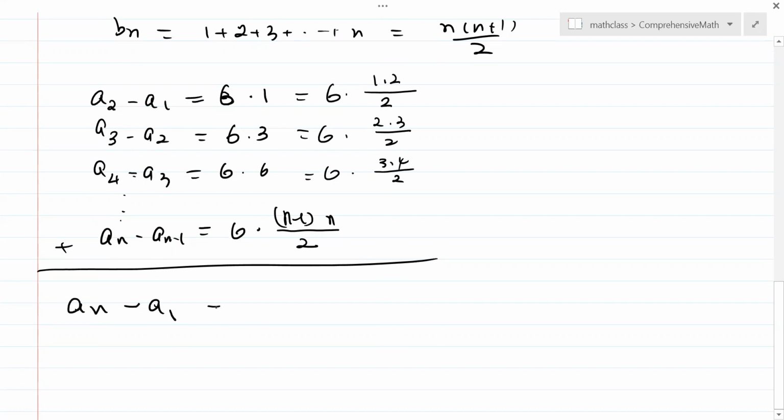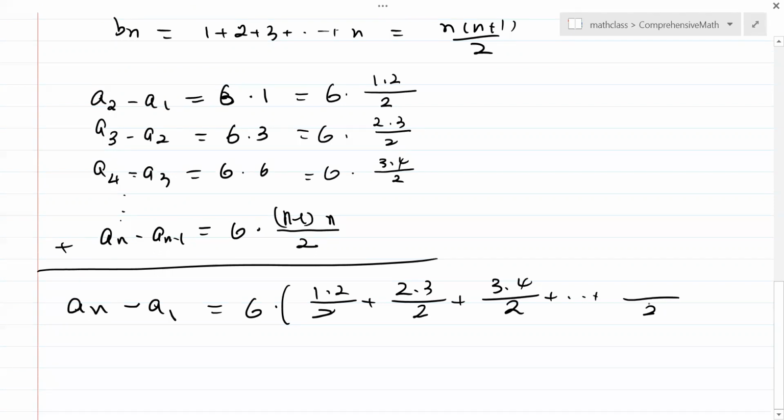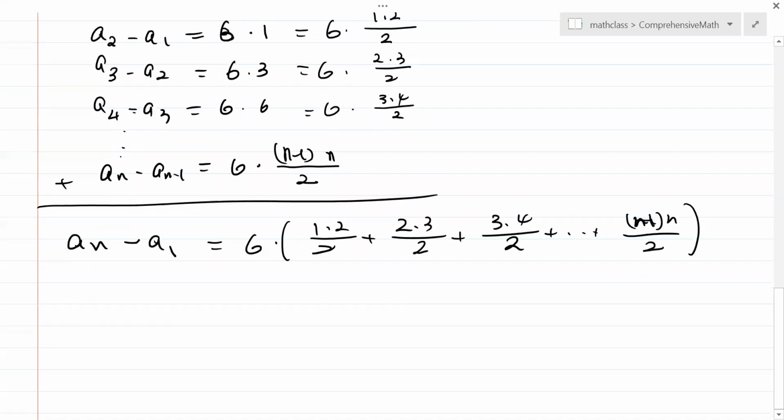A1 is still 1, but this time you get those many numbers. So the question is, how do you add those numbers together?